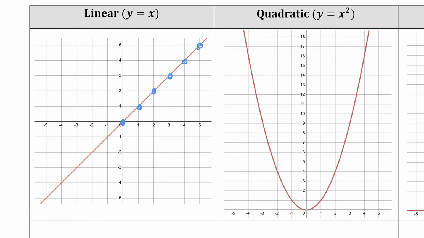So when we do finite differences, it's always based on if the change in x is 1, what's the change in y between these consecutive points? So the change in y between those points is 1. Between these points is 1, and notice it's always 1 between any pair of consecutive points in this linear relationship. So linear relationships have constant first differences.